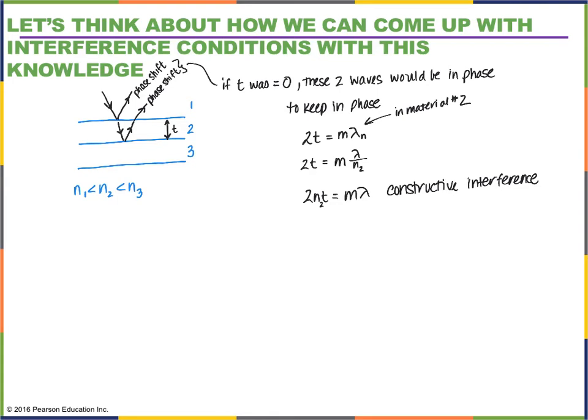And then if we wanted to have destructive interference, that's if we don't want a particular wavelength to constructively interfere. They were in phase, but we want to get them out of phase.